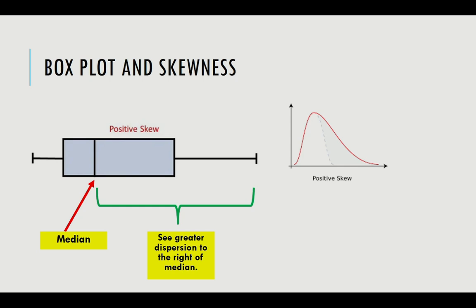Now, everyone agree that the opposite would be true here when we have a negative skew? If we have a negative skew, then the box plot's going to look just the opposite. It'd be like if I flipped it in the other direction, right? So make sure you understand how to look at a box plot and see if there is skewness.